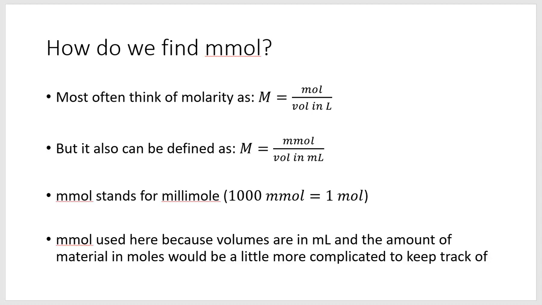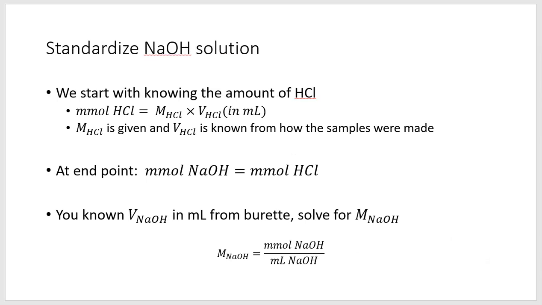So we're going to do a lot of these calculations in millimoles because the volumes are in milliliters, and when we take the molarity times the volume in milliliters, our answer is millimoles. And also, as I mentioned before, you don't have to deal with a whole bunch of zeros that you would if you were using moles.